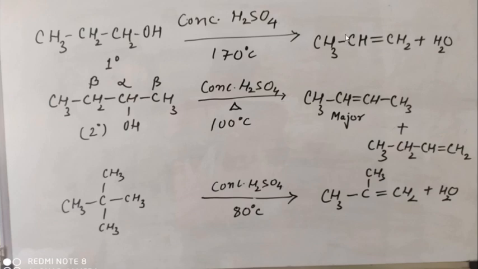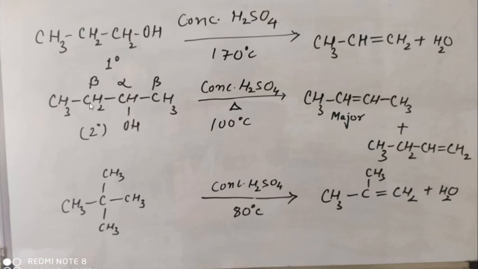The second reaction is a secondary alcohol, butan-2-ol. When it reacts with concentrated sulfuric acid at 100 degrees Celsius, it gives butene as the product. So here on either side there is beta hydrogen, so the elimination of the water molecule follows the Saytzeff rule.